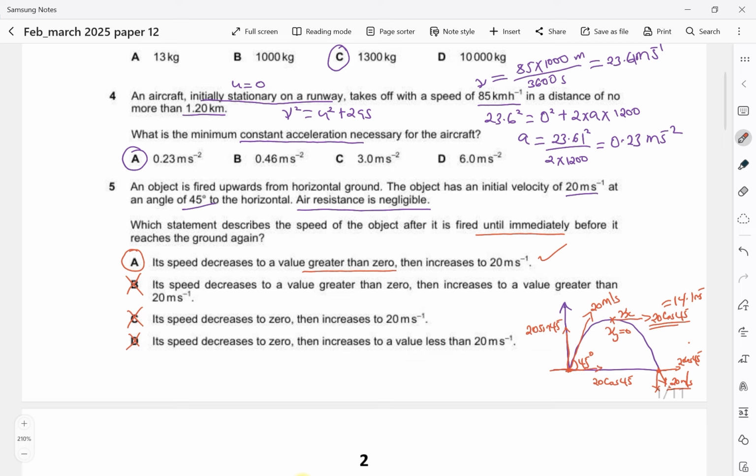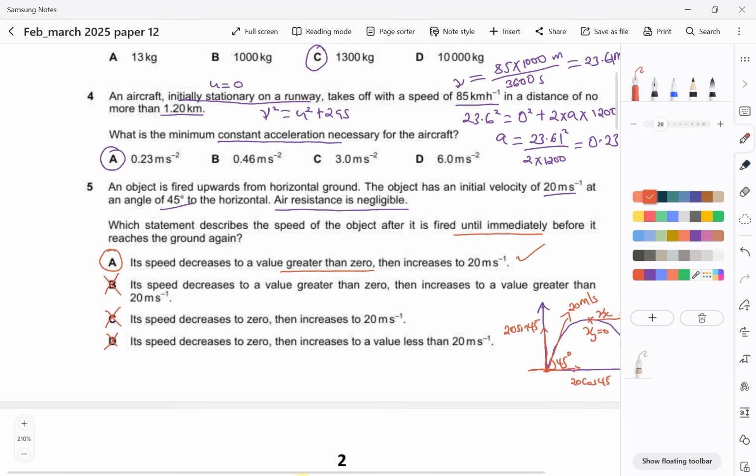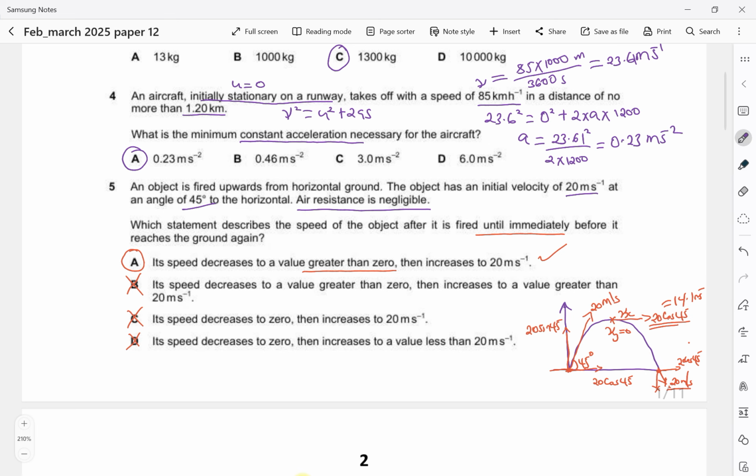So all the four answers seem to be correct, but if you pay much attention, you'll notice that the most appropriate answer is A. Its speed decreases to a value greater than zero, which is 14.1, but then the speed increases back to 20 meters per second if it falls again to the same ground.